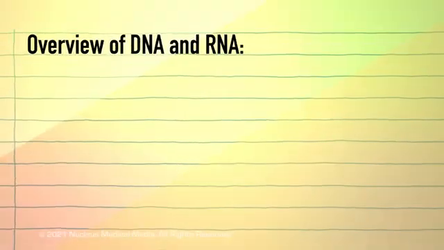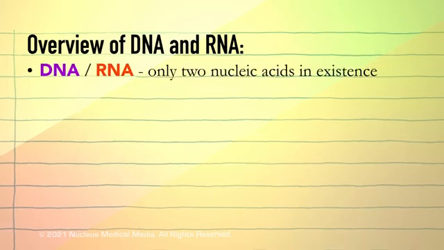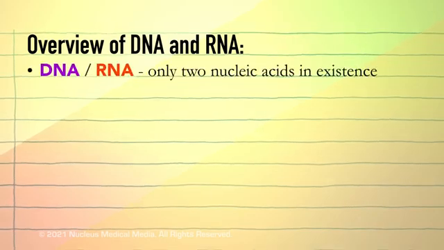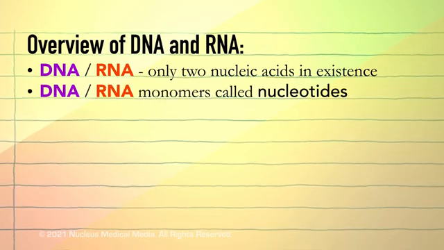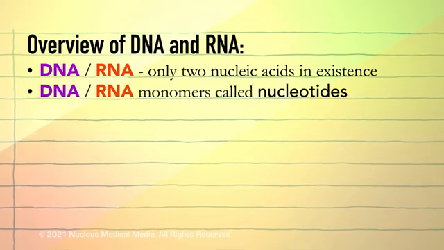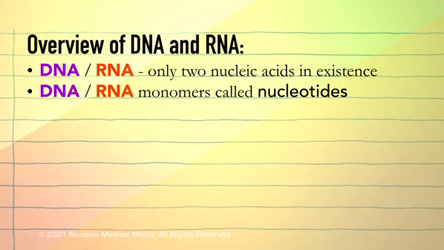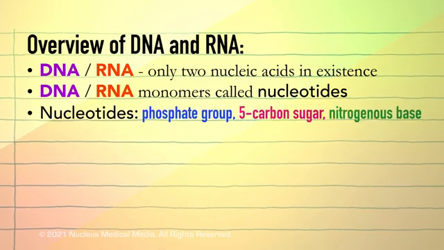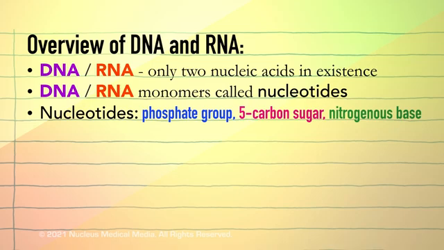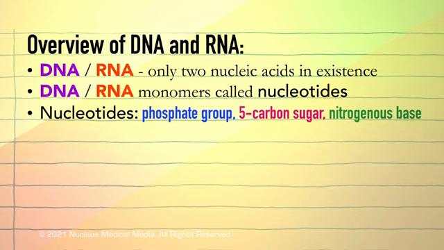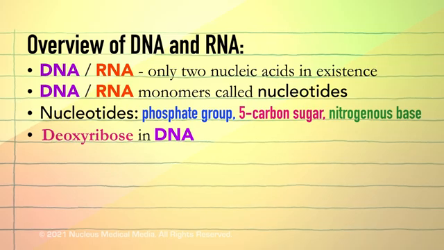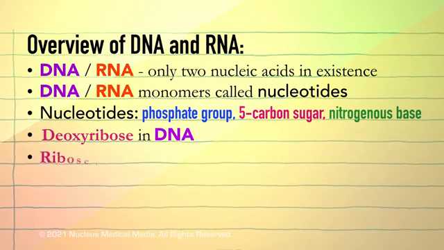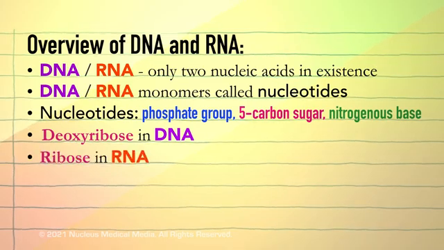To sum up, DNA and RNA are the only 2 nucleic acids that exist. Both DNA and RNA are built from nucleic acid monomers called nucleotides. Nucleotides always contain a phosphate group, a 5-carbon sugar, and a nitrogenous base. Deoxyribose is the sugar in DNA, and ribose is the sugar in RNA.